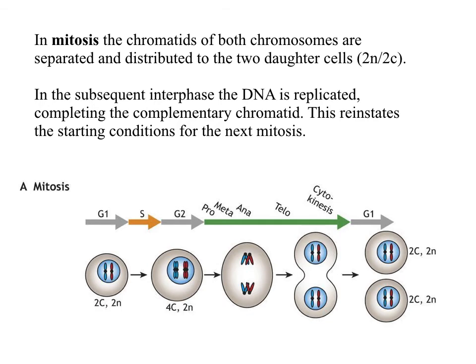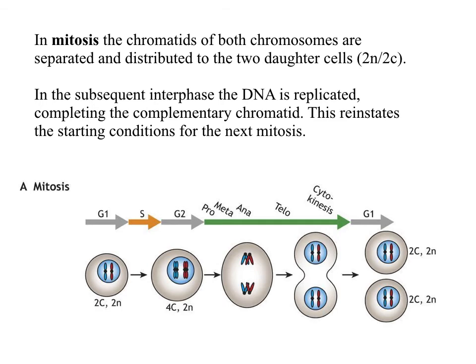In the subsequent interphase, the DNA is replicated, completing the complementary chromatid. And that is what you see here under the arrow with the S phase, where the chromatids were replicated. You then have a diploid cell, which has 4 times the DNA complement, or 4 chromatids at that point.